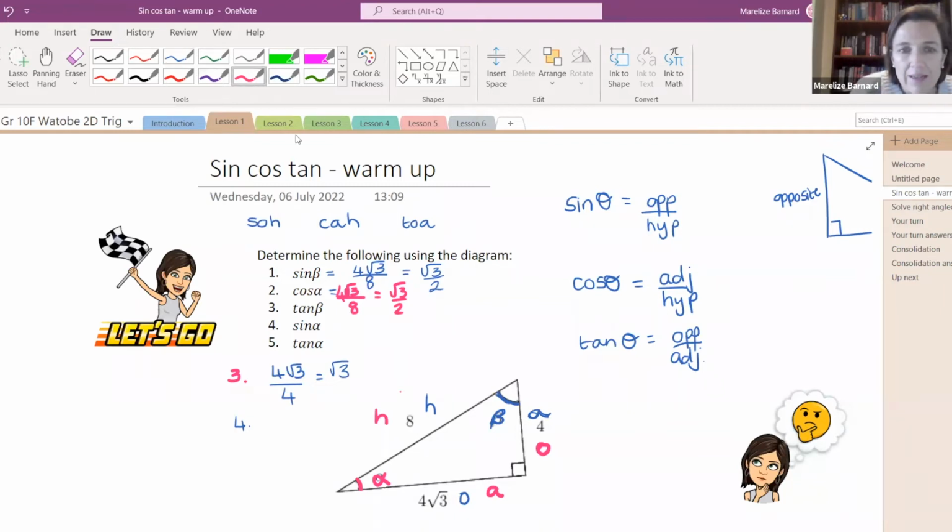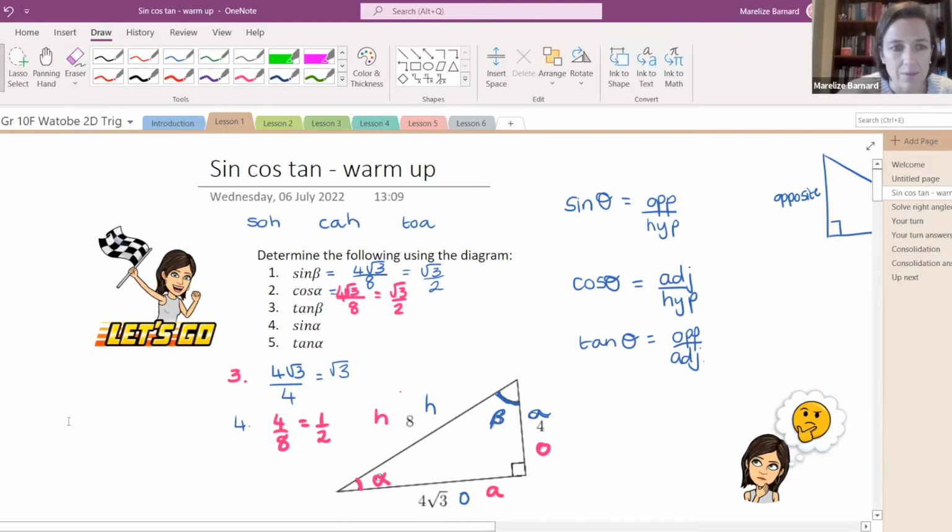Sine is opposite over hypotenuse. So that's 4 divided by 8, and that is a half. You can also, if you are typing your answer, write 4 over 8. But there's also a slash button that you can use, and you can type it like this. Let me show you, 1 over 2 like that. That's also fine.